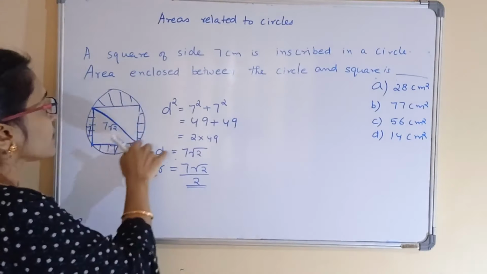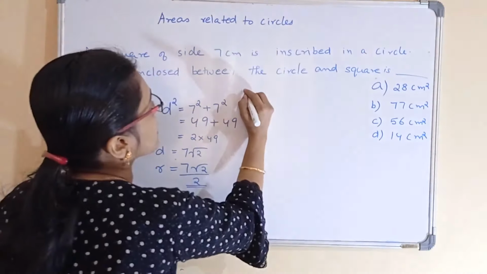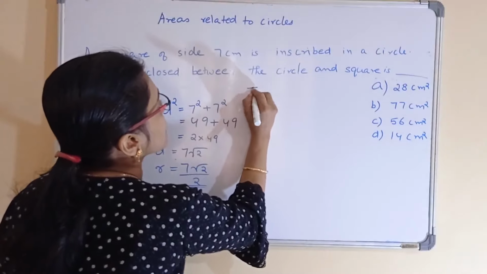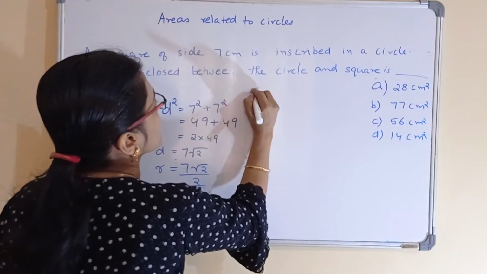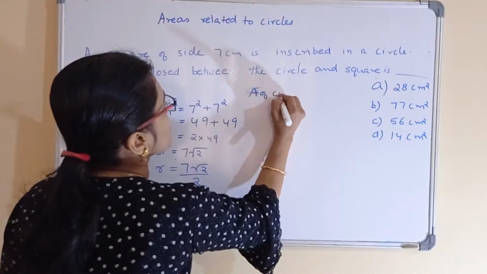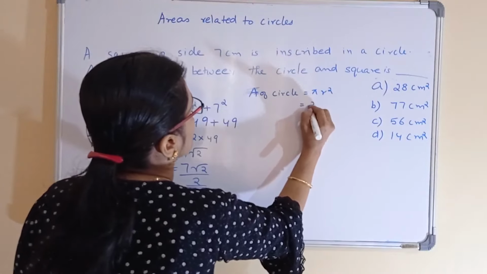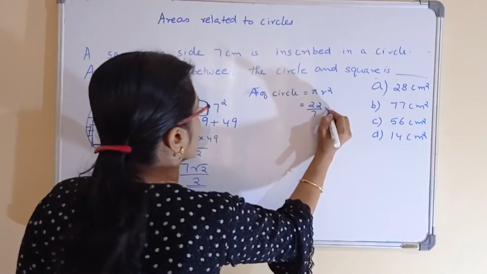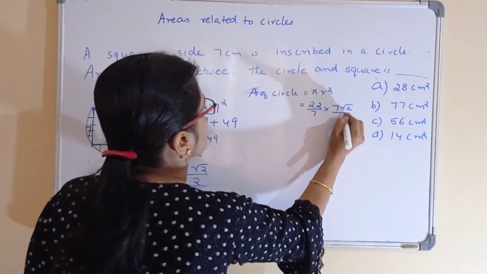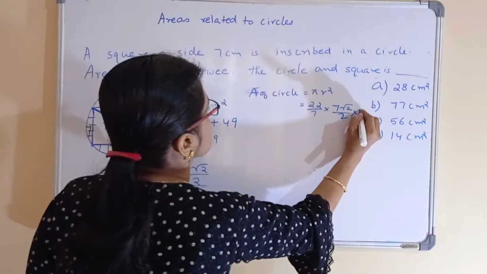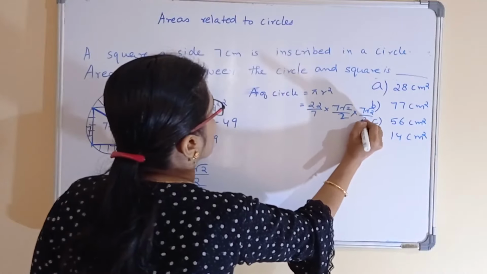Now finding the area of the circle is easy. What is the area of a circle? It is pi r square. So we can write area of circle is equal to pi r square, which is equal to 22 by 7 into 7 root 2 by 2 into 7 root 2 by 2.